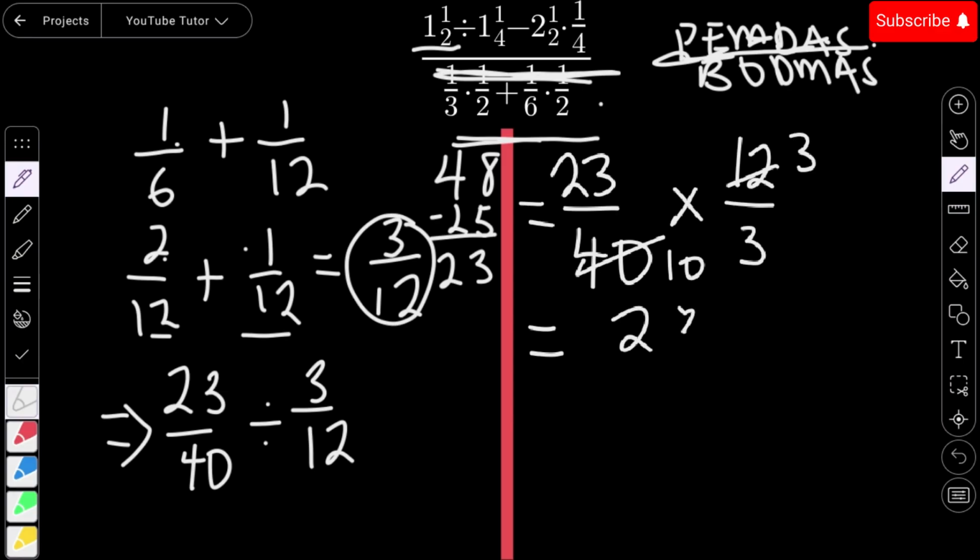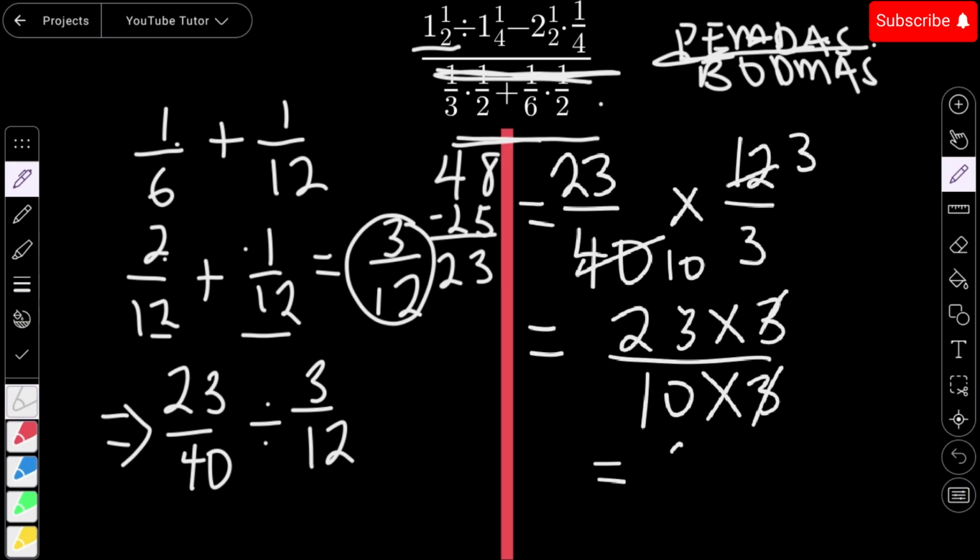So now we get 23 times 3 over 10 times 3. I did it this way so that we can cancel out these 3's, and now I left it 23 over 10.